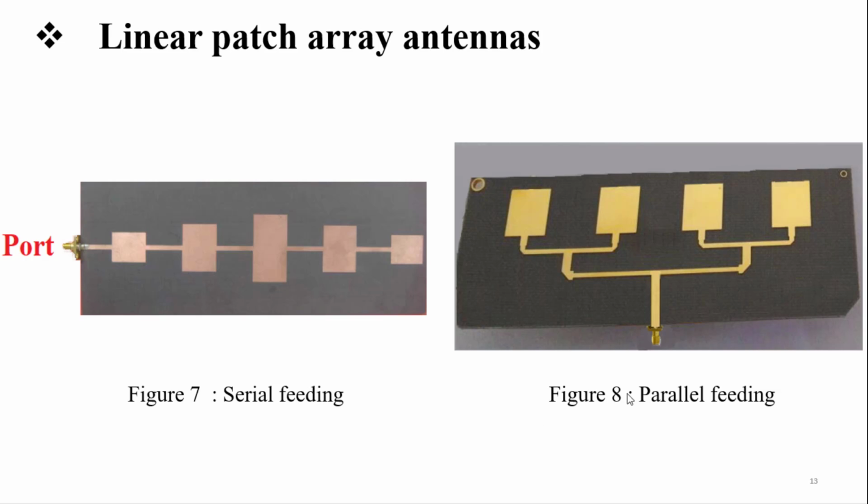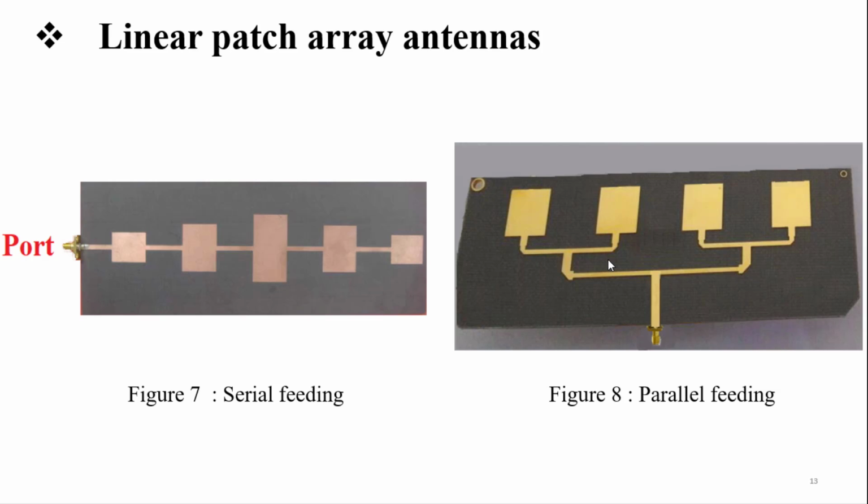In figure 8 we have a parallel feeding array antenna. If we compare these two arrays, in the first we have the radiating elements in serial distribution, so the power is supplied by one single feed line between antenna elements.